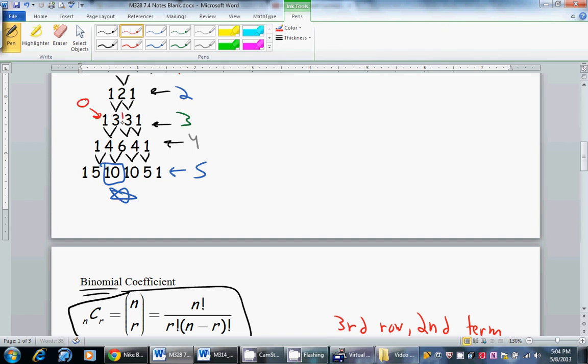So when we were doing third row, second term, that was the 3 we were talking about, and this was the 10 we were talking about. Because when we did 5, 0 and 5, 5, we got 1 each time. So the 0th term and the 5th term of the fifth row were both 1s.